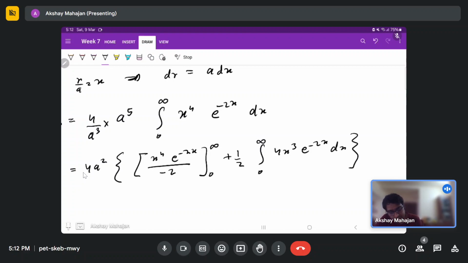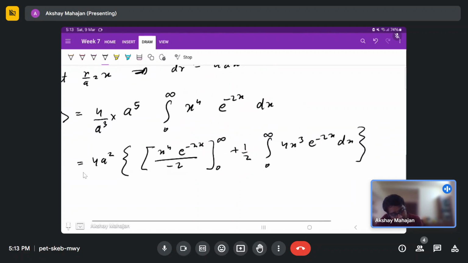In the first term I integrated e to the power minus 2x to get e to the power minus 2x by minus 2, times x to the power 4, with the limit from 0 to infinity, minus the integral, and then the differentiation.